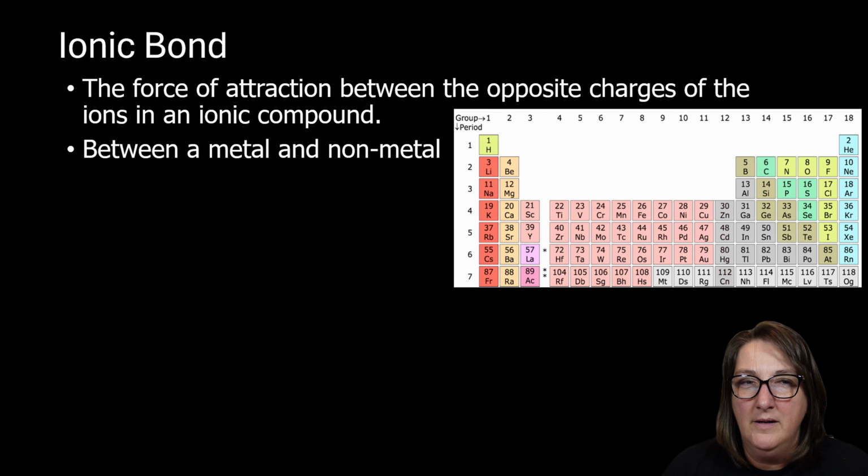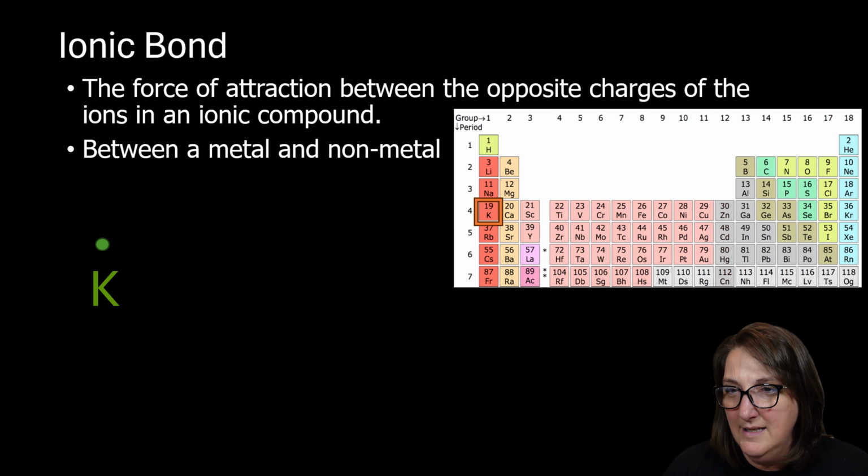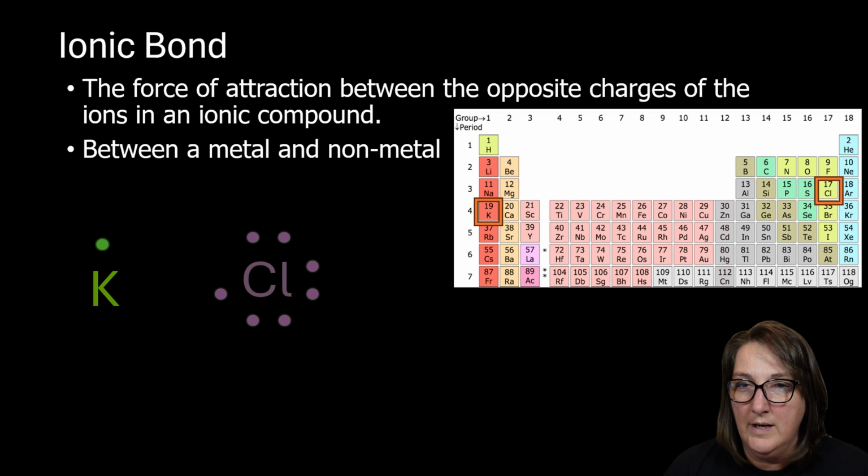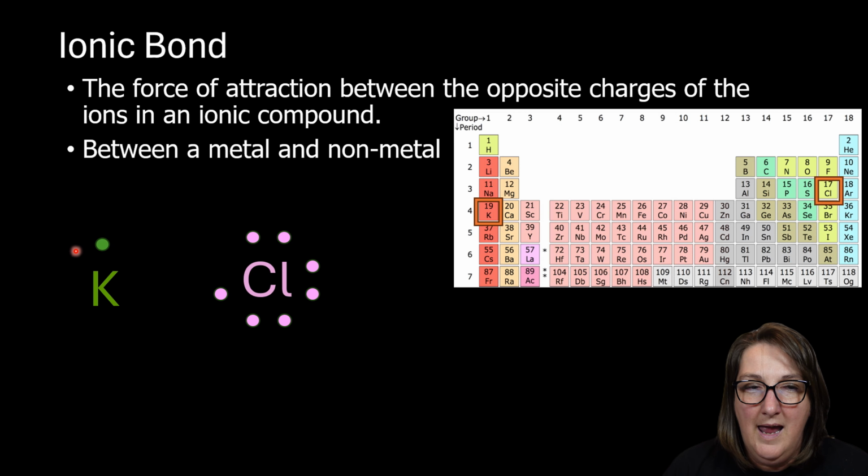So in an ionic bond, the force of attraction is going to be between those opposite charges. So I'm going to have potassium, and let's look at chlorine. Potassium has 1 valence electron, and chlorine has 7. So what's going to happen? Is chlorine going to want to take this electron, or is it going to want to give potassium all of its valence electrons?